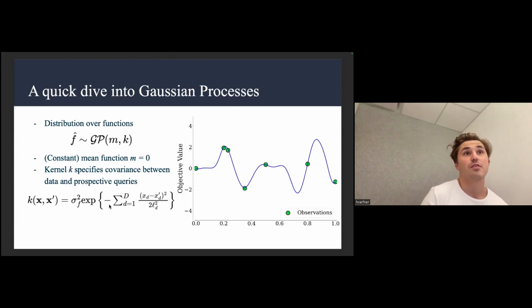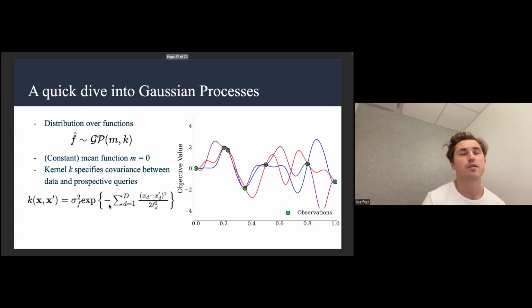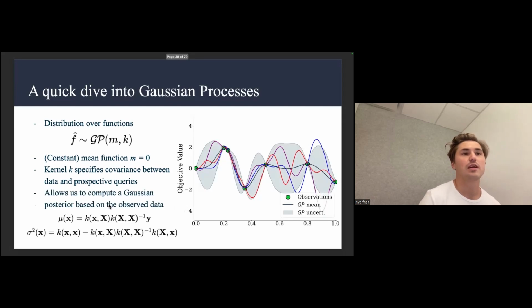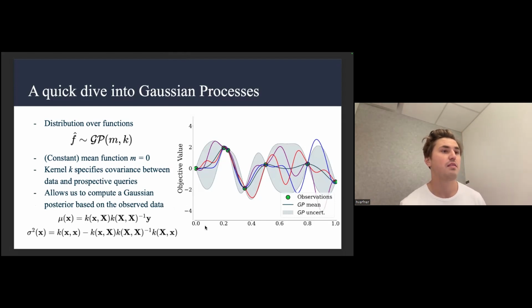Another function that could come from this very same kernel specification is this one or this one. And if we do that a million times over, we basically get the Gaussian process itself, for which we can compute the mean function and the covariance function in closed form. But what exactly says that our GP should look like this?